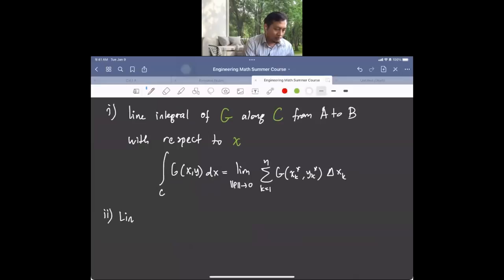And the second case is the line integral of g along C from A to B with respect to y.